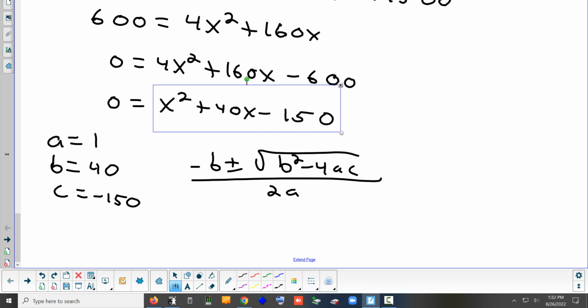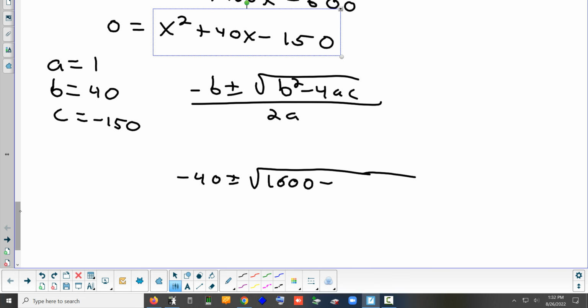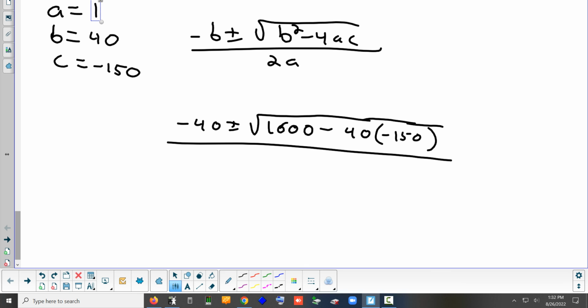All right, let's fill it in, see what we get. So negative 40 plus or minus the square root of 1600 minus 4 times a times c, all divided by 2.